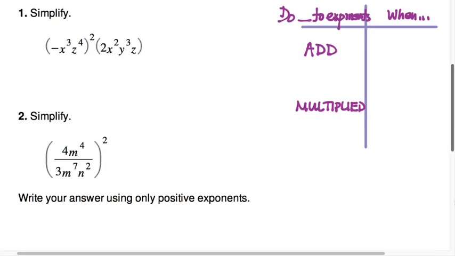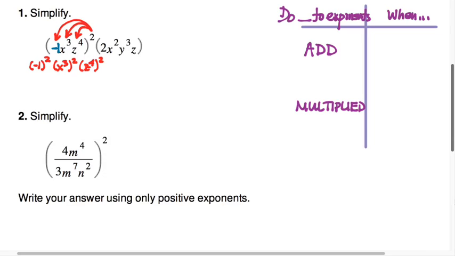Just for the sake of getting our solution down on the screen, so it goes into our videos as well, when we solved this problem, the first thing that I recommended doing was changing this negative sign to a -1 coefficient, so that when the quantity inside the parentheses got squared, that square applied to all the three factors inside the parentheses and gave me -1 squared, followed by x to the third squared, followed by z to the fourth squared.